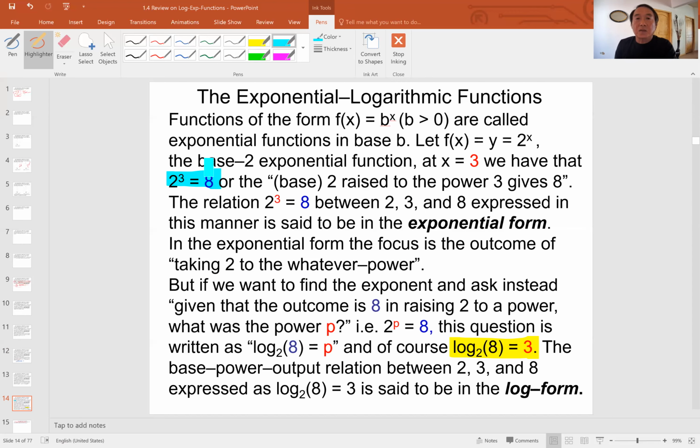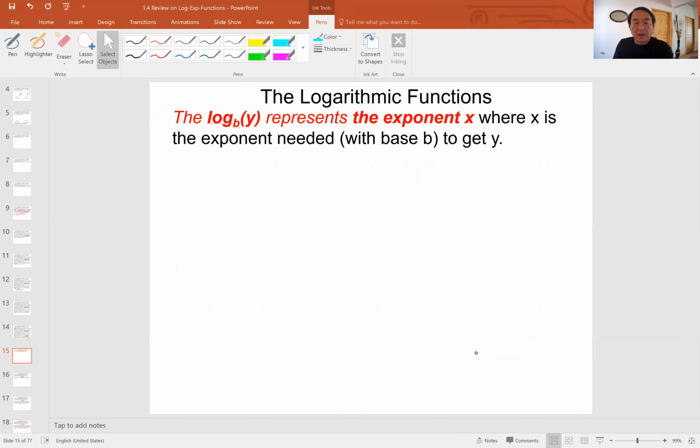In both relationships, when we deal with one or the other form, what's the first thing you look at? You look at the base. Always look at the base first. When I see log of something, I always ask, what's the base? Same thing when you raise a power: what's the base? Remember that.